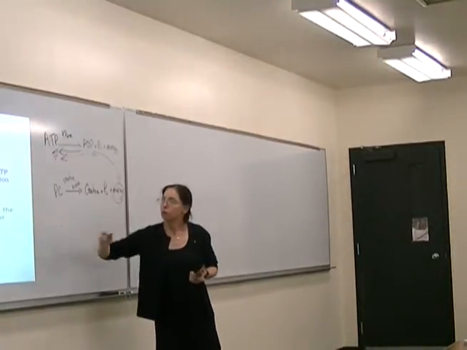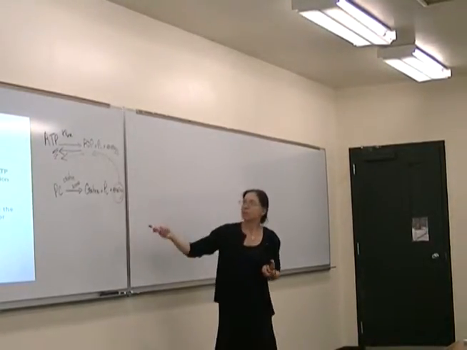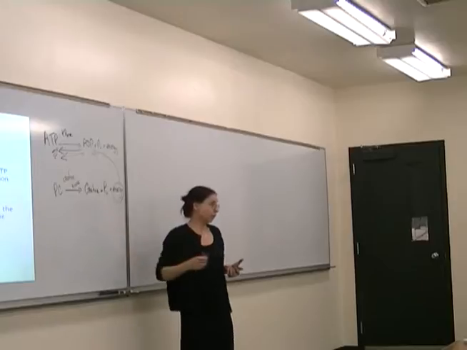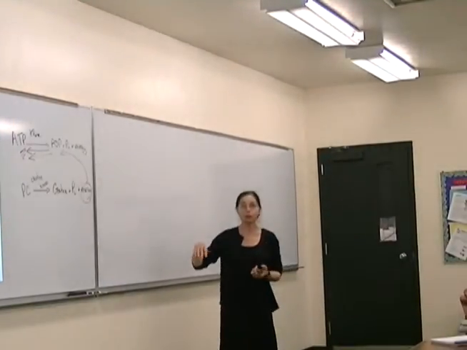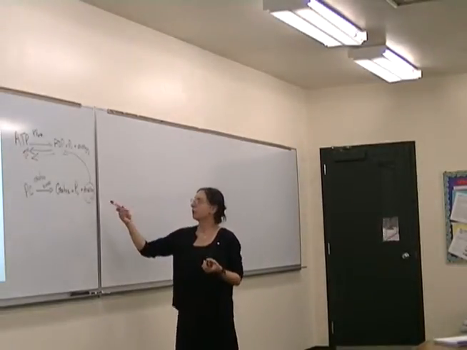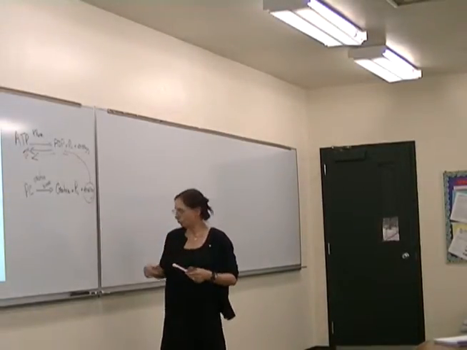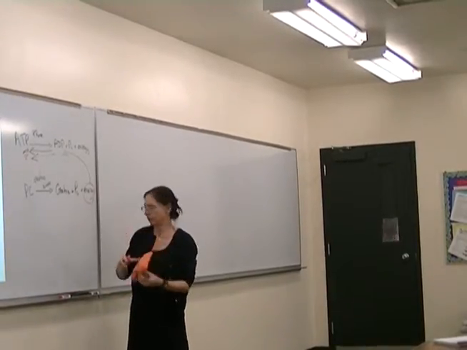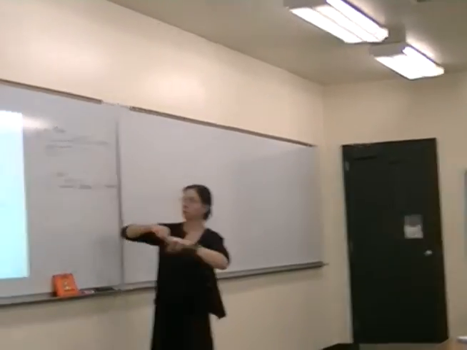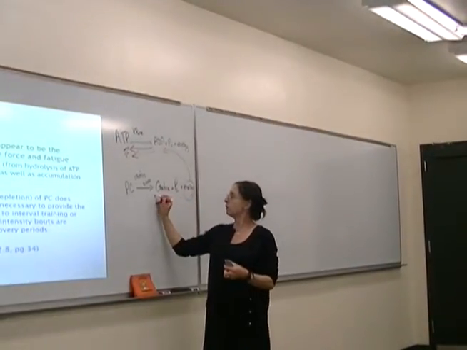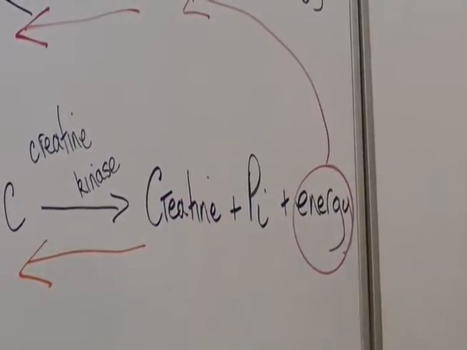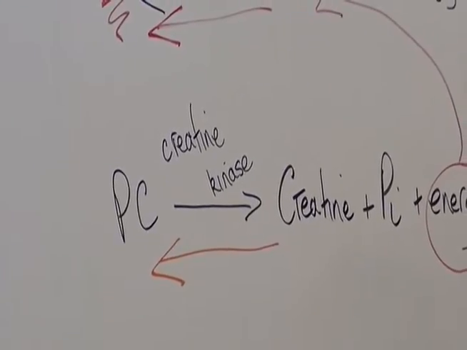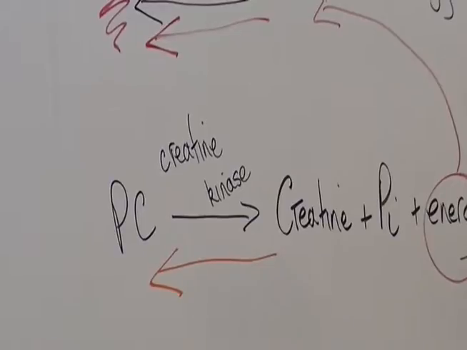So, if I do start running out of phosphocreatine, or if I've run 200 meters and I'm really, really low on phosphocreatine, if I want to, tell me if you can't see any of these colors, if I want to do this, right, if I break down all the phosphocreatine in the muscle cell, and I want to rebuild phosphocreatine, what do I need?